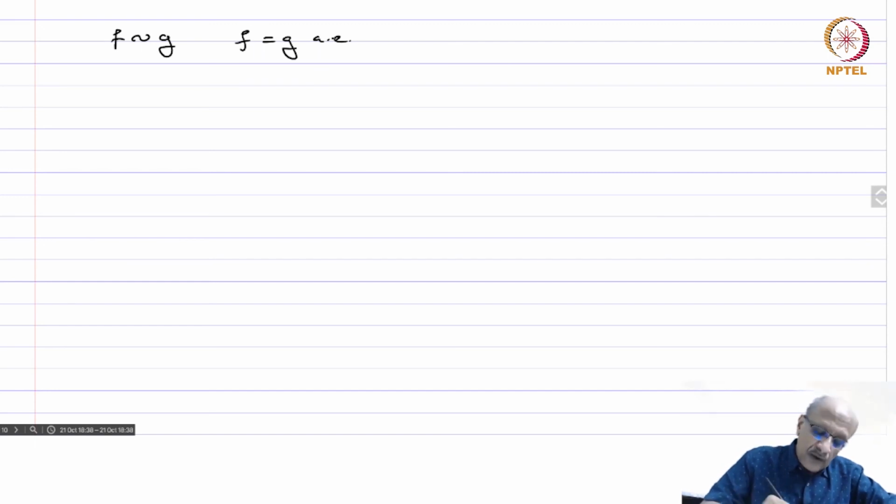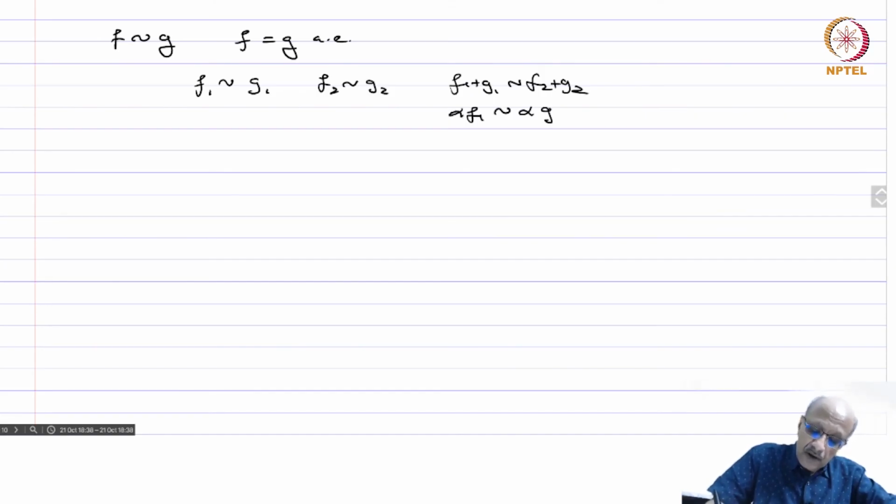Also, if f1 is equivalent to g1 and f2 equivalent to g2, then f1 plus f2 is equivalent to g1 plus g2, and alpha f1 is equivalent to alpha g1. And if f is equivalent to g, then norm f_p equals norm g_p.